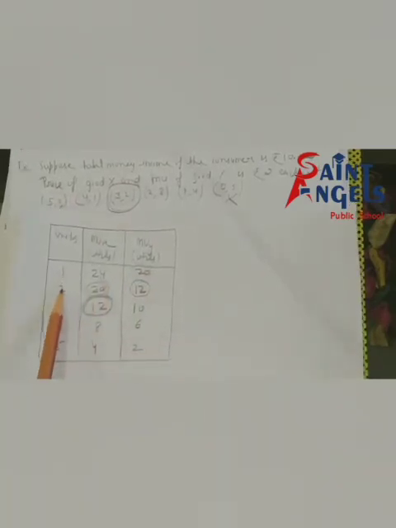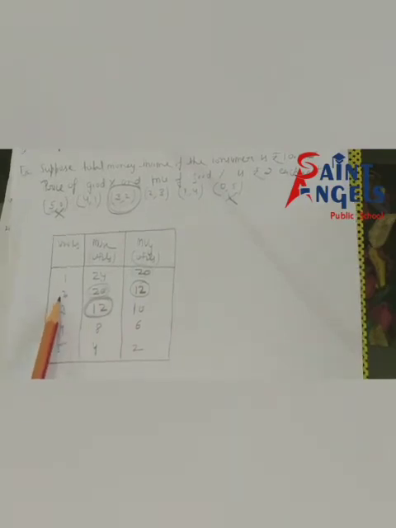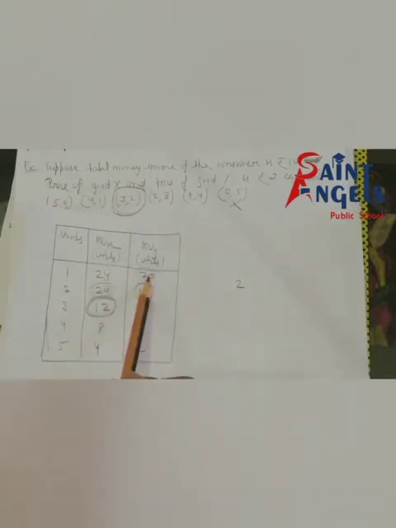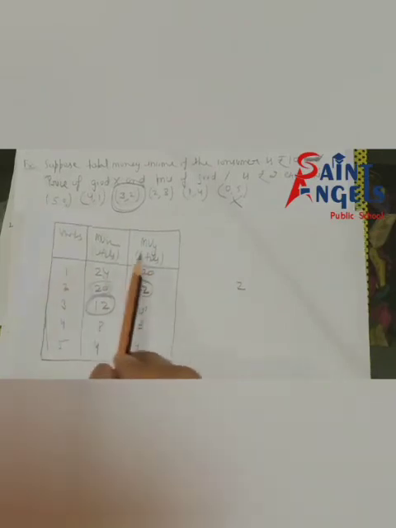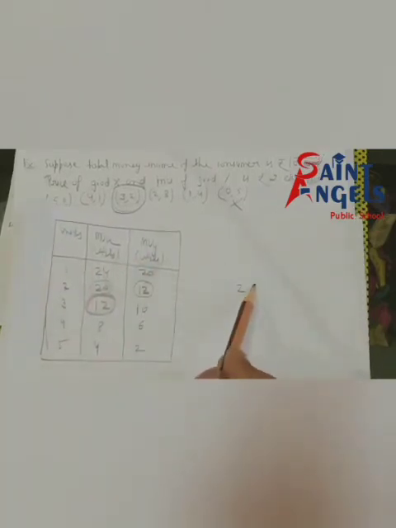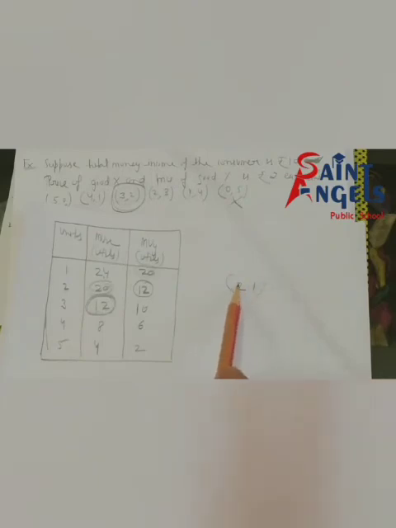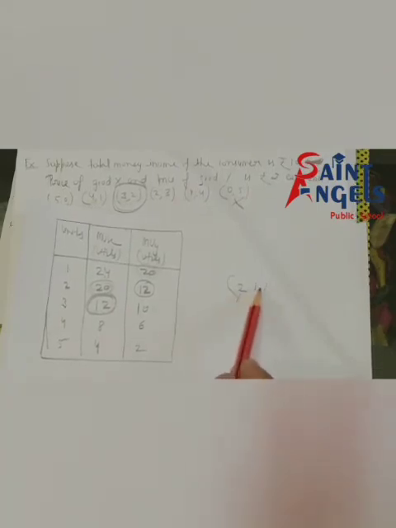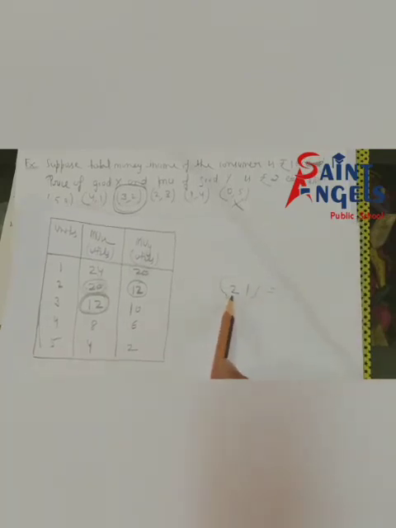According to this, I am consuming 2 units of good X, and according to the other, 1 unit of good Y. This combination shows that I am not spending the entire income, because the expenditure of this is 4.